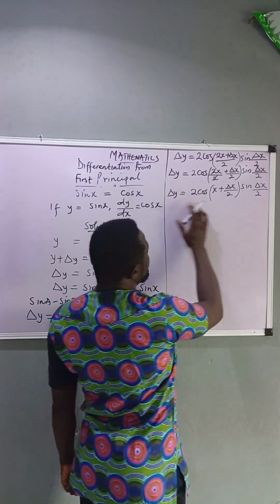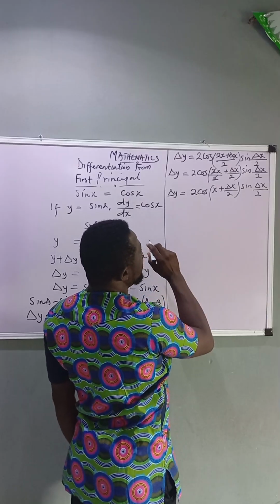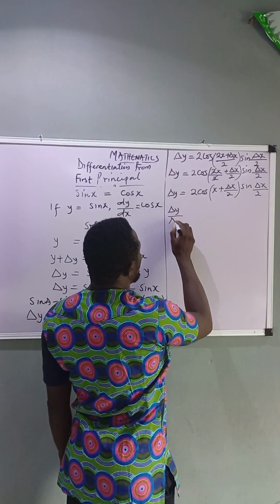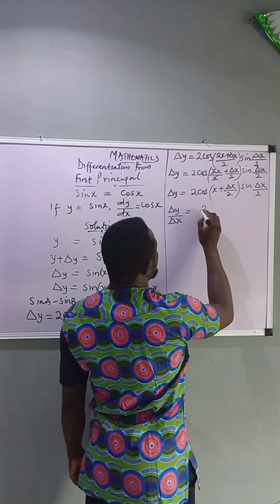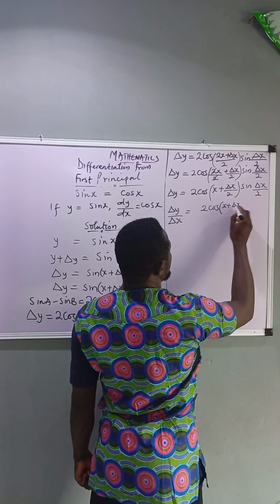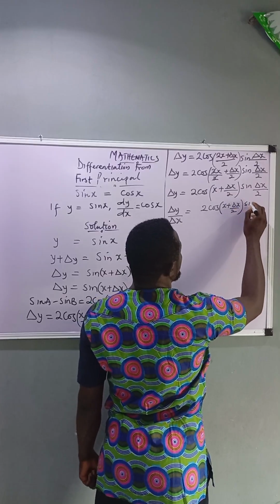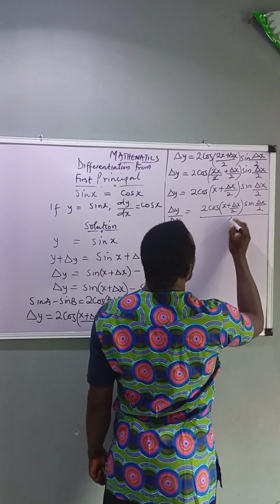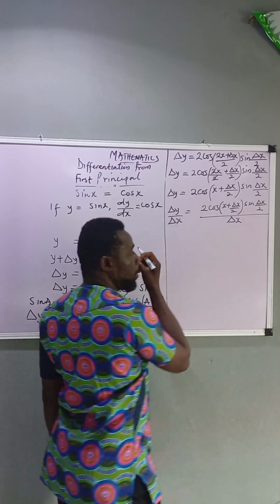At this point, we are going to divide both sides by delta x, giving us delta y over delta x to be equal to 2 cos x plus delta x over 2 sine delta x over 2 divided by delta x.